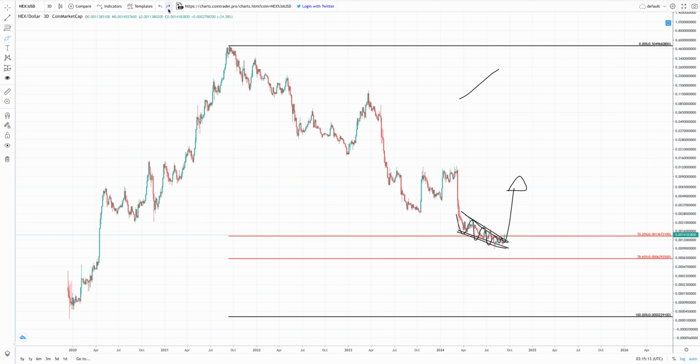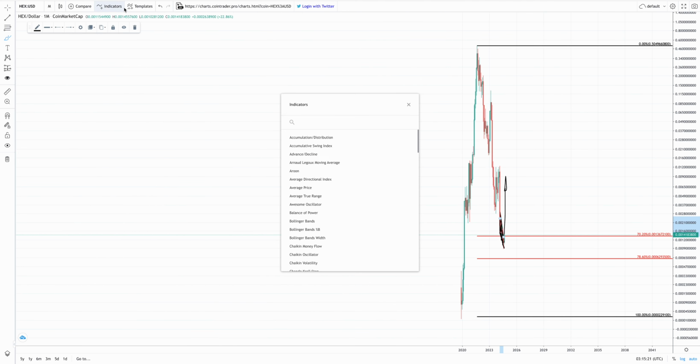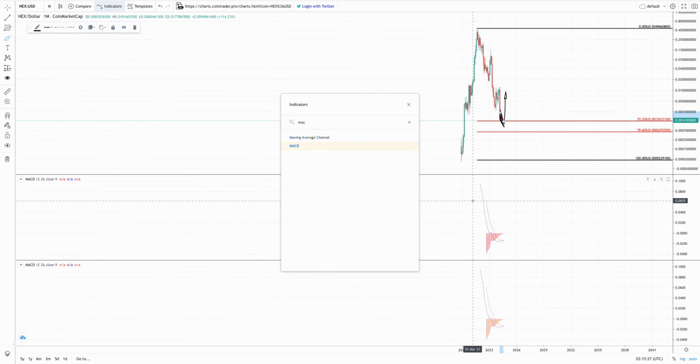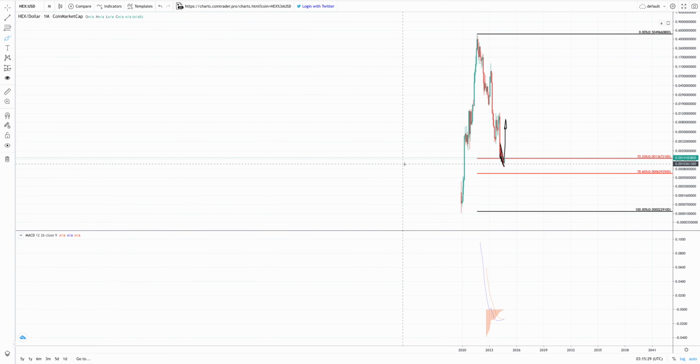Similarly to the downside, which we see over here, right? And while we're printing this ending diagonal on the monthly time frame, we have a MACD cross. So we have the macro trend shifting, right?